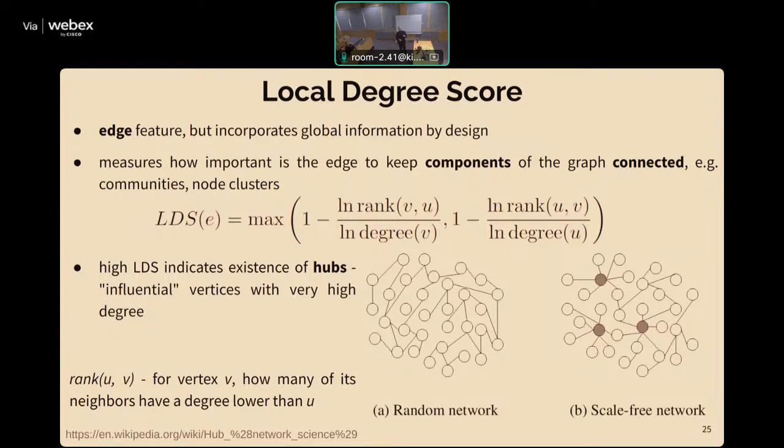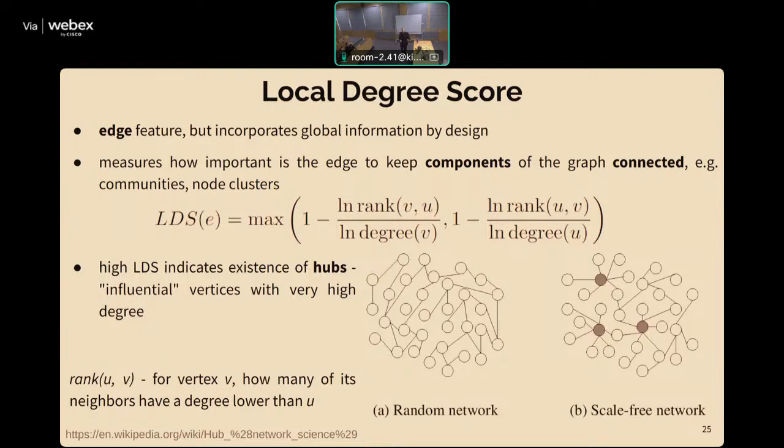And in fact, it will be also very high if there are so-called hubs in a graph. Hub is an influential vertex with very, very high degree. Hubs are typically influencers, well-known politicians in the social networks. So they have very high degree, and they typically cluster people around them. So connections between those communities will typically have high local degree score.